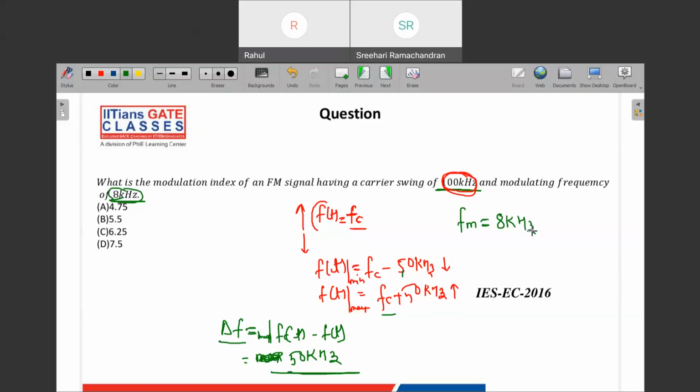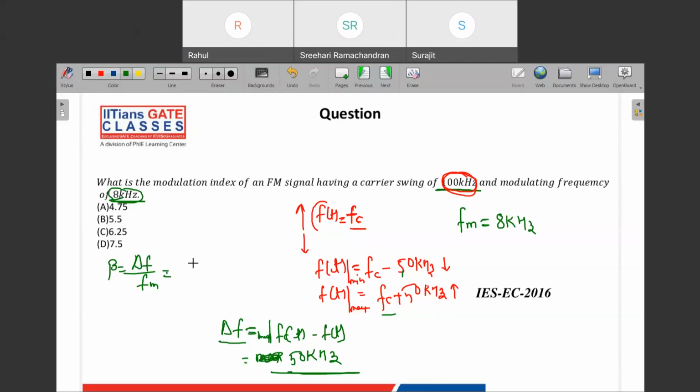Now the modulation index is given as beta equals delta f by fm, where delta f we have calculated to be 50 kilohertz. So 50 divided by fm, which is already given in the problem as 8 kilohertz. So this will be beta, which is equal to 6.25. So this will be the correct answer: C.